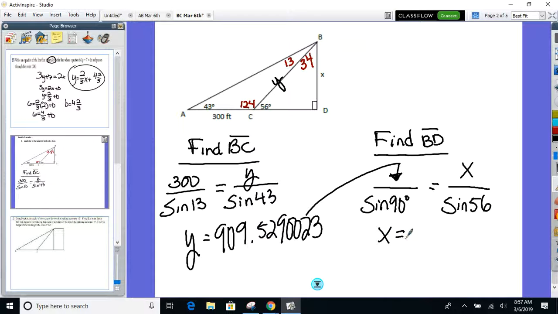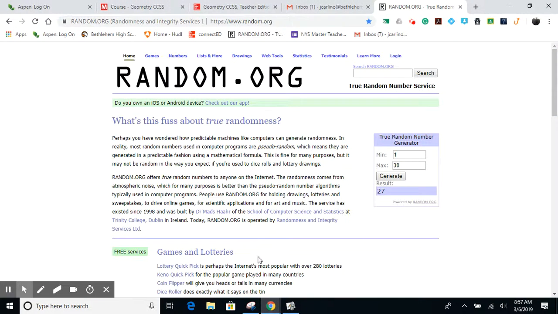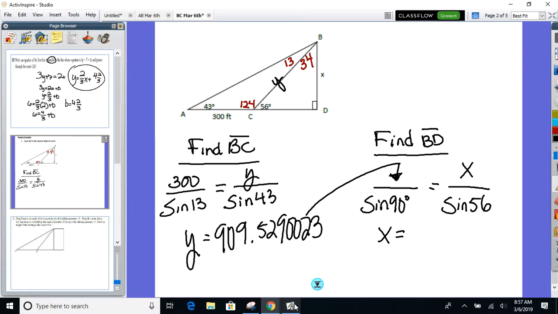And I'll ask somebody in a second what they get to the nearest tenth of a foot. When you're ready, nearest tenth of a foot. Got it. What are we going, feet?